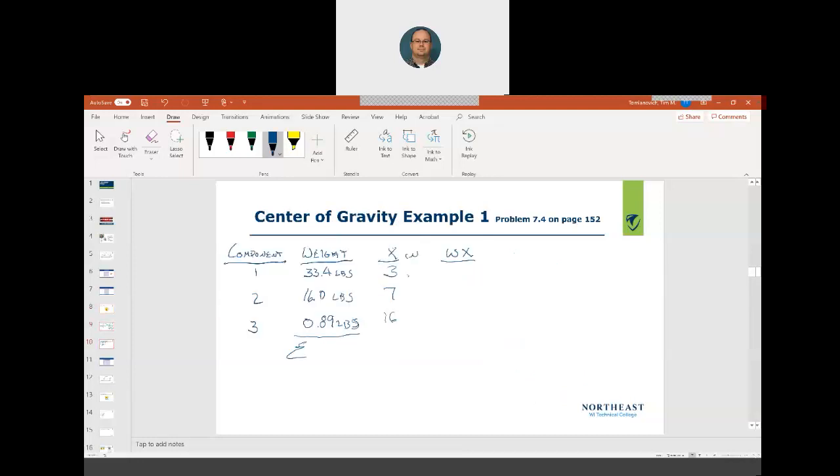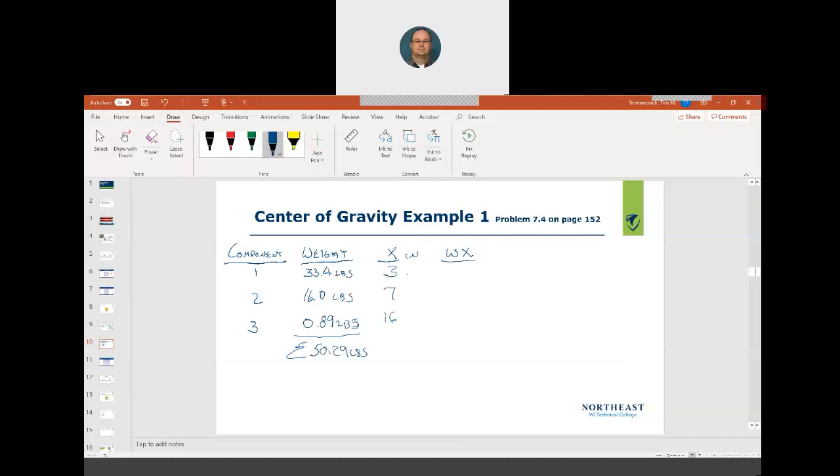That's what that column is. But I need to know the sum of my weights. So 33.4 plus 16 plus 0.89 is 50.29 pounds. So that's the sum of my weights.